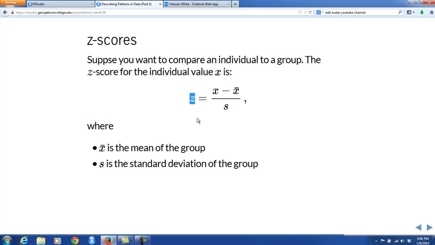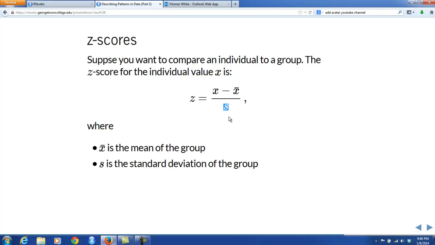It's called z, just a lowercase z. Now what it does is it compares how different x is from the mean of the group with s, the standard deviation, the typical amount by which a data value might differ from the mean.